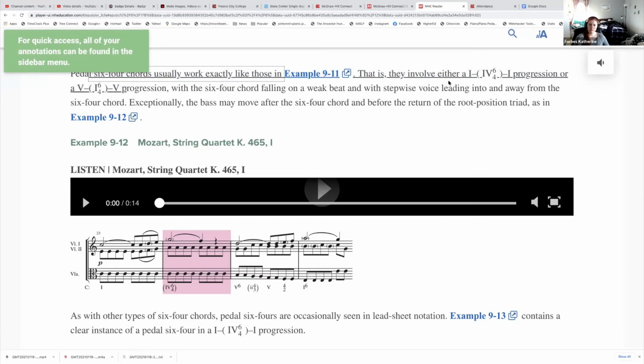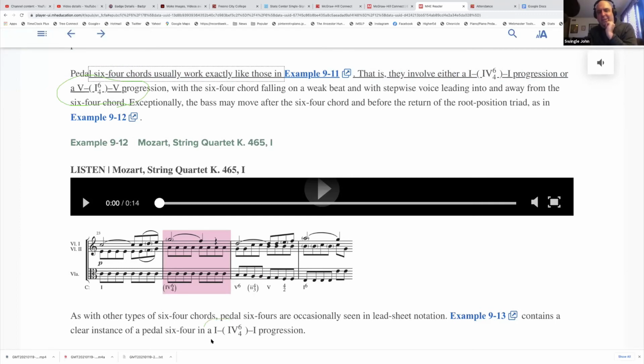Can you say that one more time? How did it go again? 5-1-6/4-5, and 1-4-6/4-1. I think it would help if you could play examples of each of those.